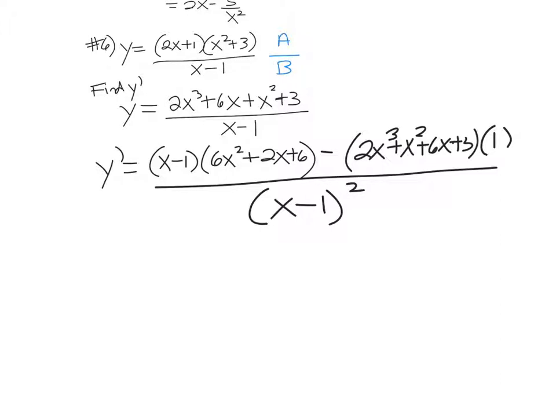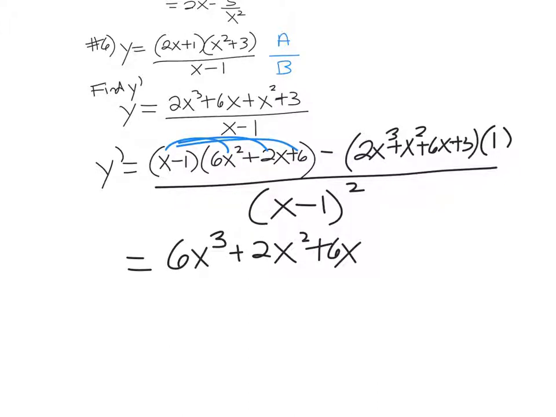All right, so we did low d high minus high d low over the square of what's below. And then let's go ahead and, ew, really? We got to FOIL that out, super FOIL. X times 6x squared is 6x cubed. So I'm taking this and I'm going here, here, and there. X times 2x is 2x squared plus 6x.